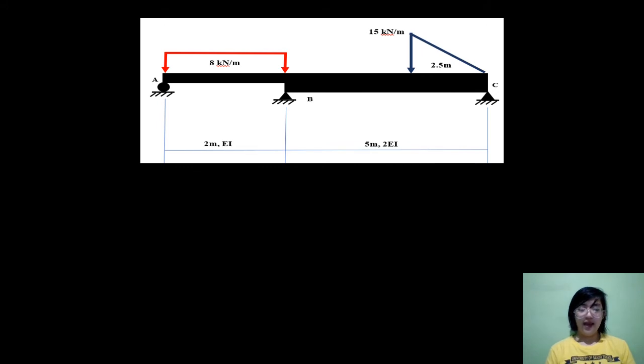Let's go here instead. Let's draw it first again so you can see. This is the shape of the elastic curve.